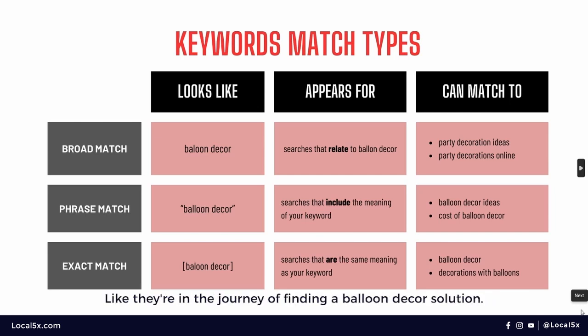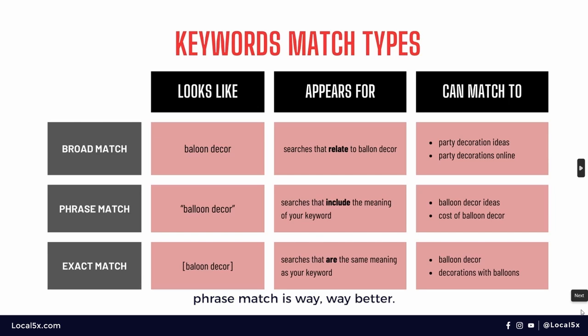They're in the journey of finding a balloon decor solution. They're close to saying, okay, I need to find somebody that does what I need in the area that I need it, and I'm ready to buy. When somebody's searching for ideas for party decorations, they are too far in that journey, right? So that may be okay for a blog post, right? But not for a Google ad.